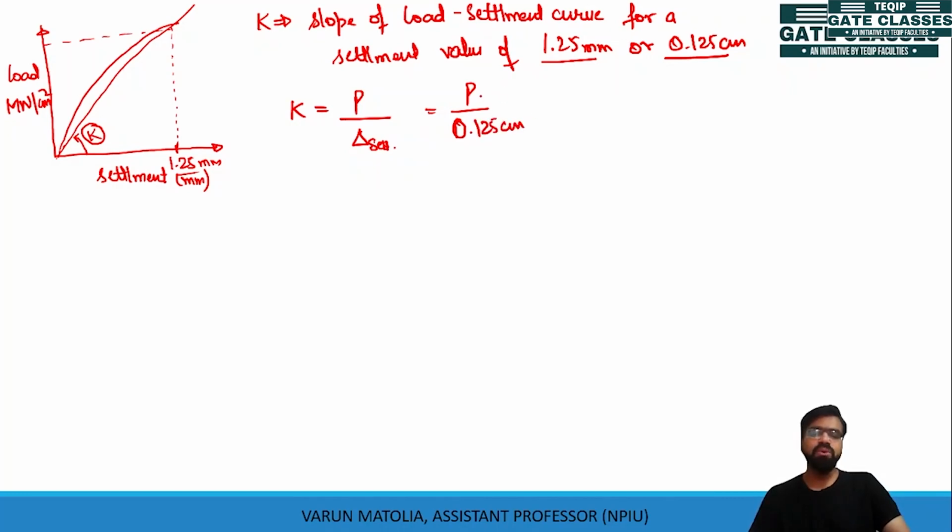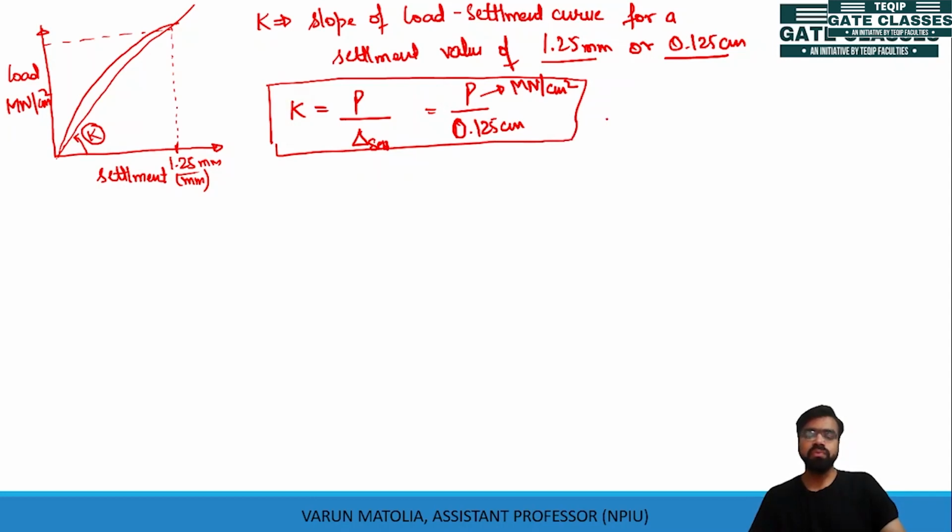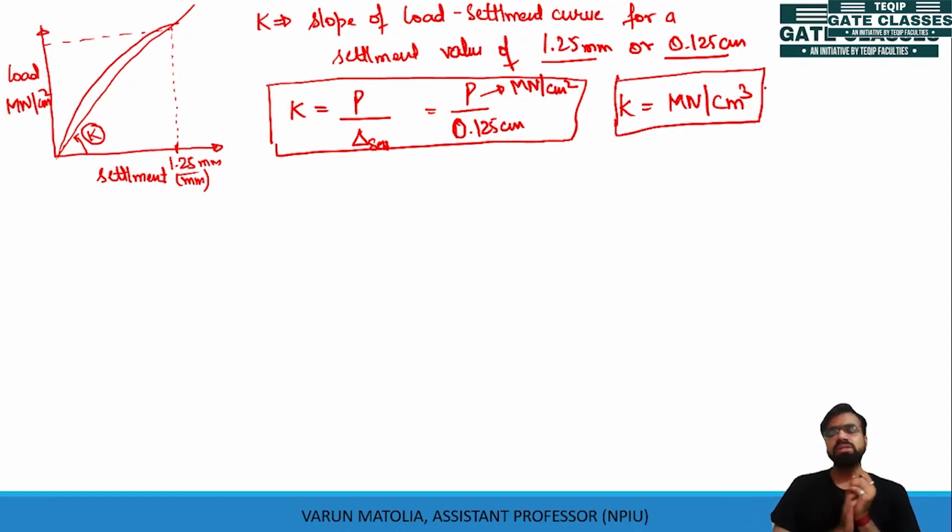The P value is in million Newton per centimeter square. So the unit for K is million Newton per centimeter cube. This is a very important unit to remember. This is the modulus of subgrade reaction.